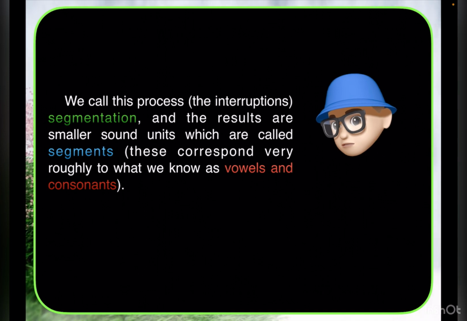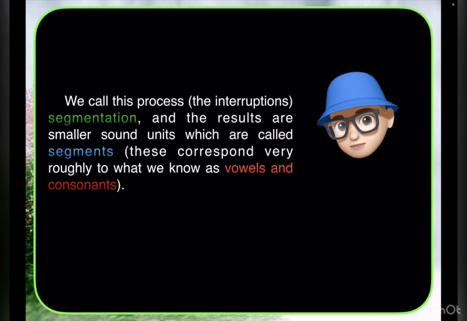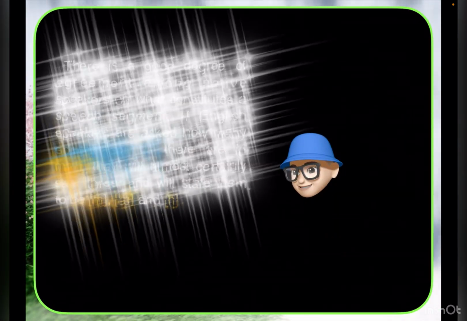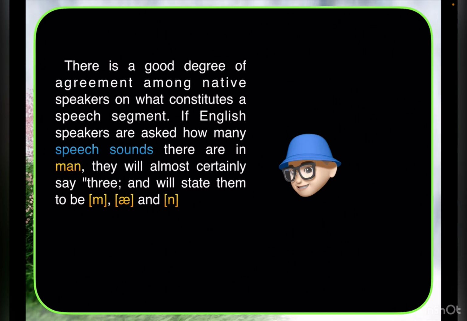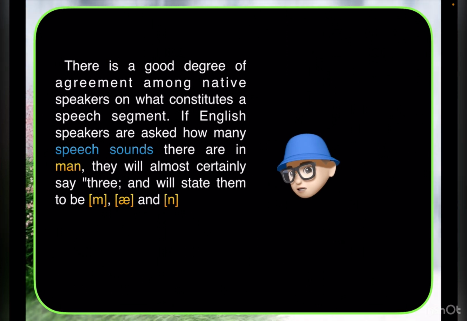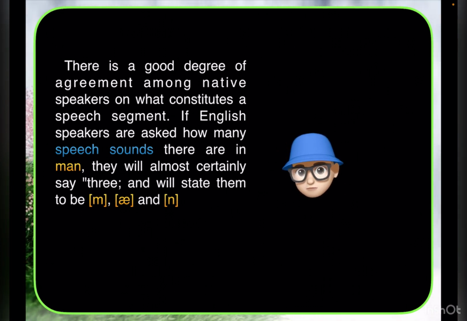These correspond very roughly to what we know as vowels and consonants. There is a good degree of agreement among native speakers on what constitutes a speech segment. If English speakers are asked how many speech sounds there are in man, they will almost certainly say 3, and will state them to be m, a, and n.